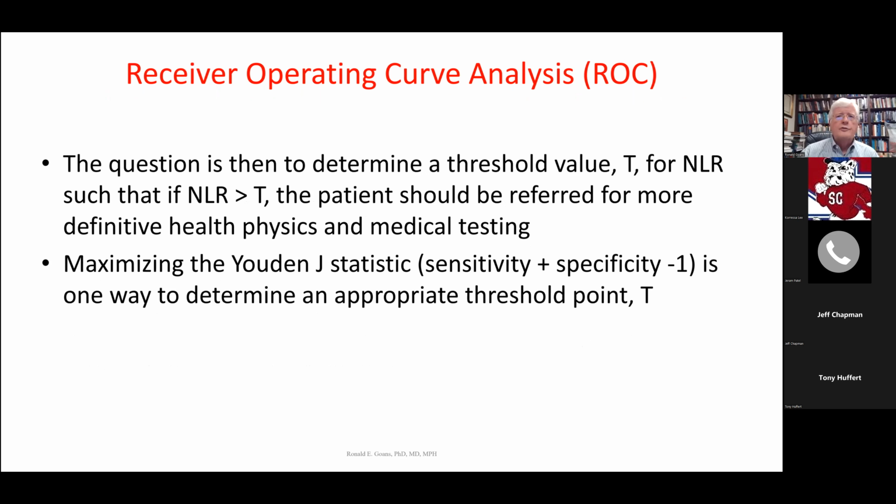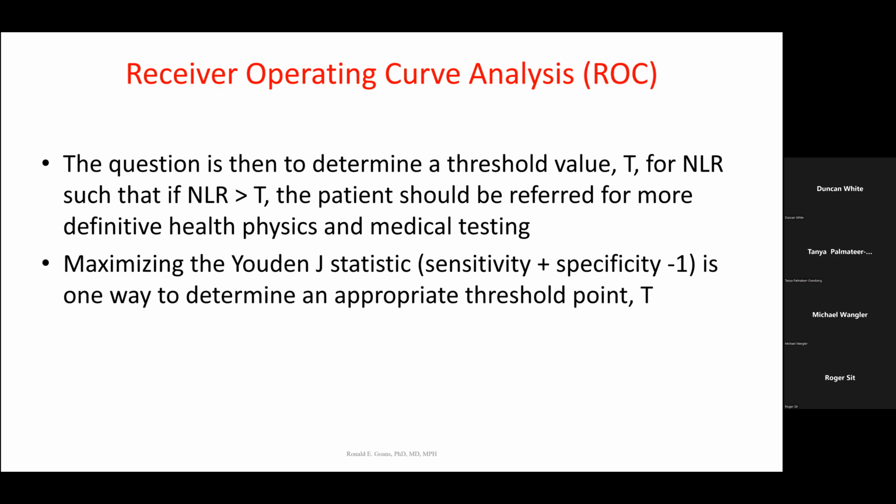Our question here on the ROC analysis is that we want to determine a threshold value for the neutrophil lymphocyte ratio such that if our ratio is over that, we're suspicious and refer the patient for more definitive health physics and medical testing. What I did in this analysis was use what's called the Youden J statistic.